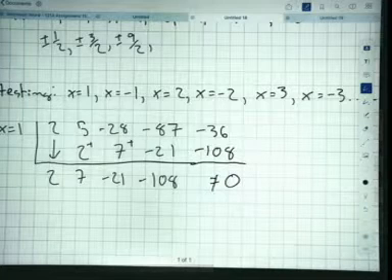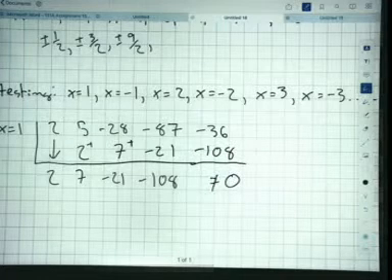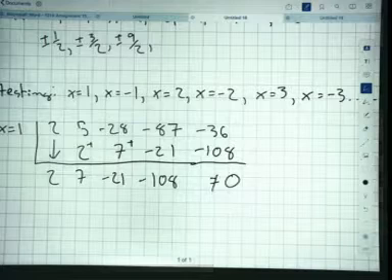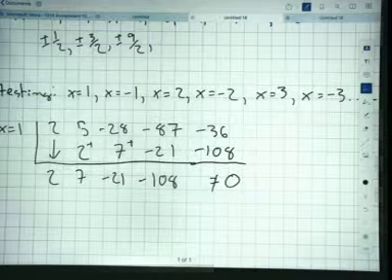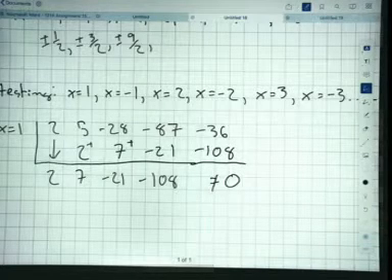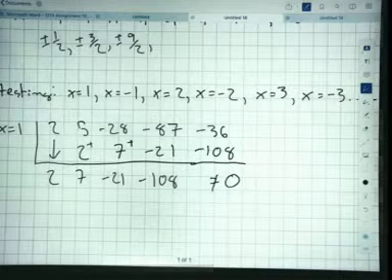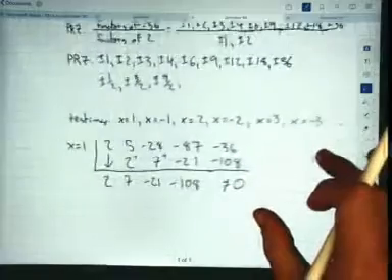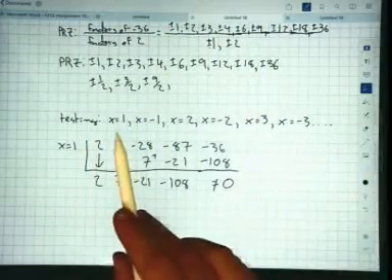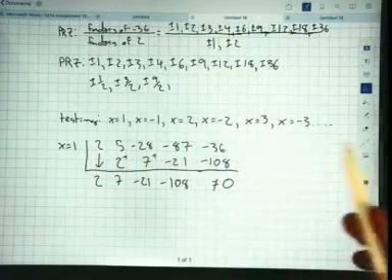Now, the reason I told you to divide and conquer is because it's going to take some work to get there. Has anybody found the 0? Have y'all gone through and tested 1, negative 1, 2, negative 2, 3, negative 3, and so forth?